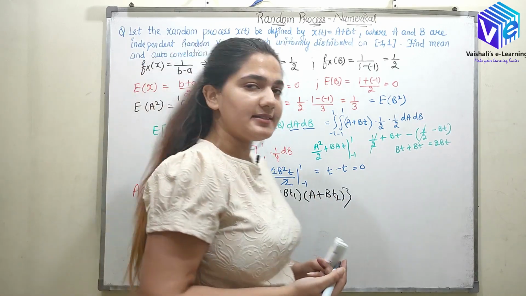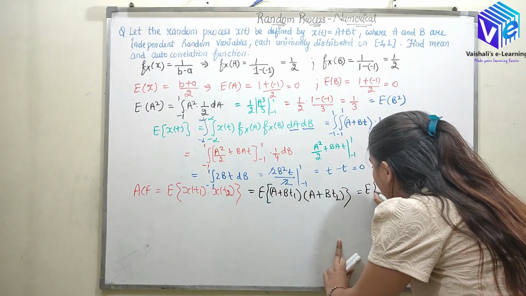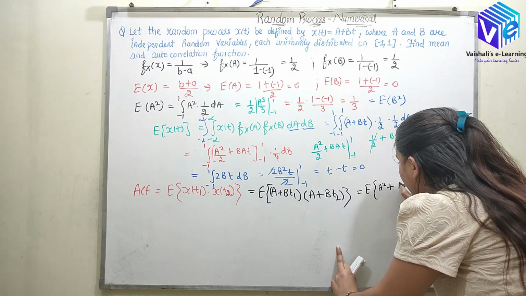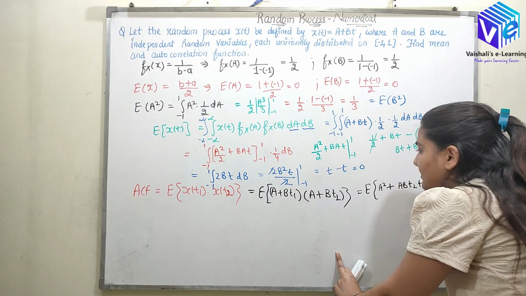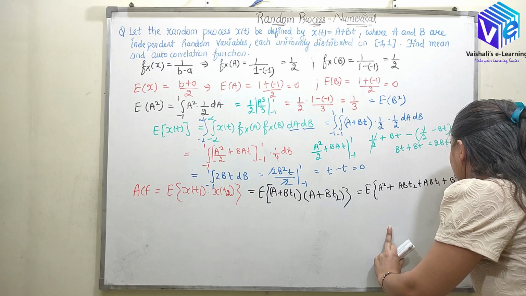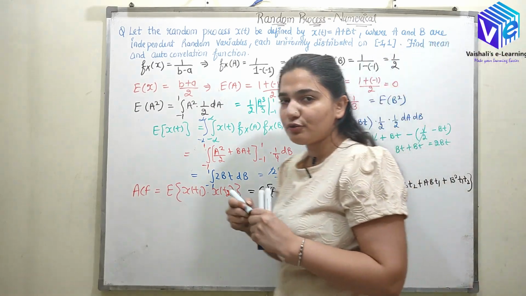Now I can simplify it. I'll just multiply both of them. So here I'll be having E of a square plus abt2 plus abt1 plus b square t1t2. This is my autocorrelation function.